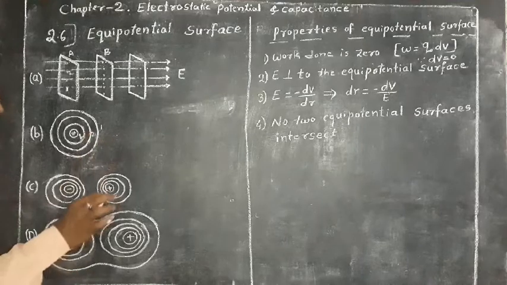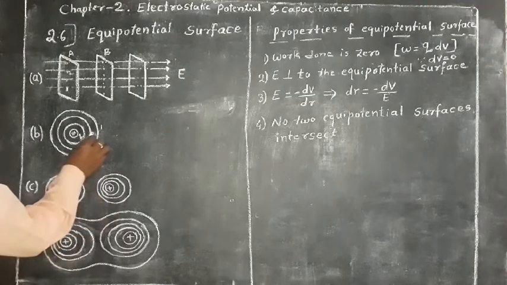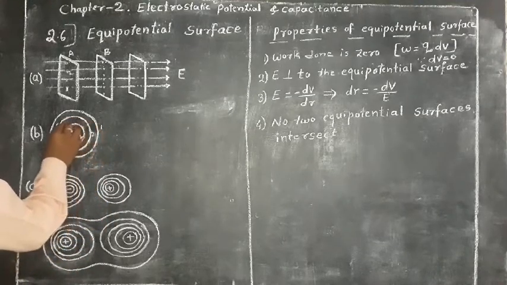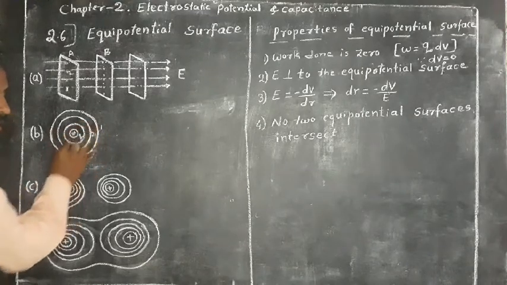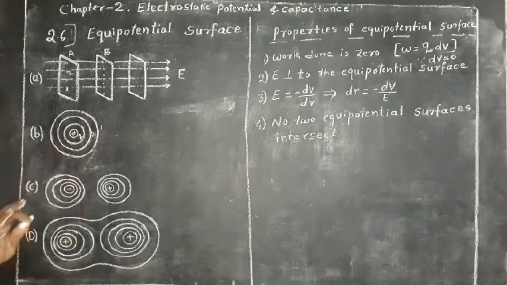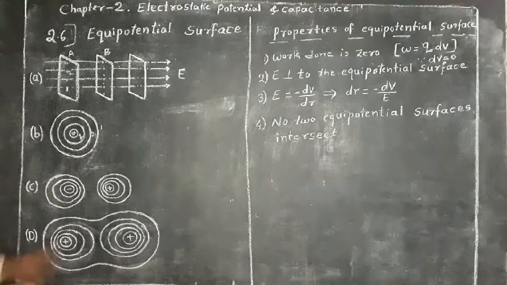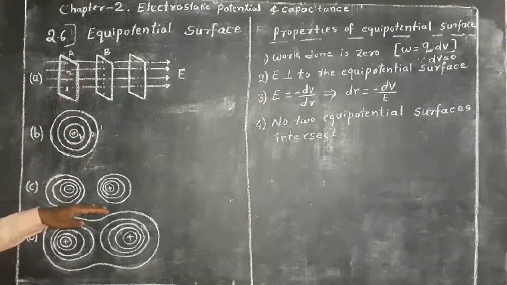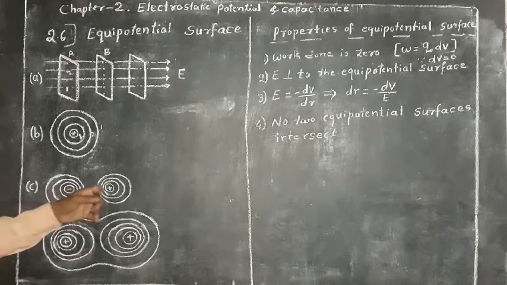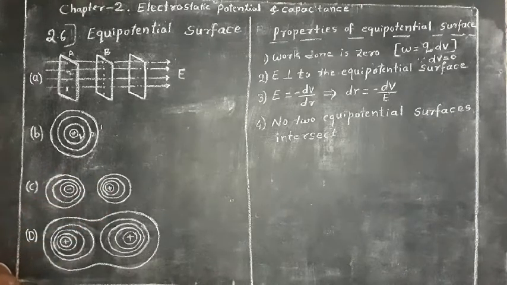But no work is done in moving a charge from one point to another point over an equipotential surface. And the equipotential surface for a dipole having negative and positive charges.